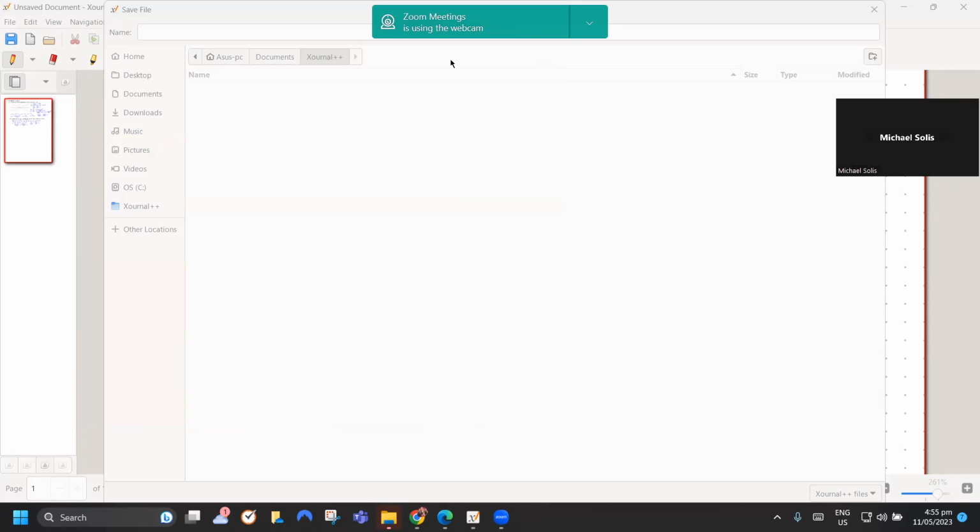Teka ha. Save as. Tapos no. Ano nangyayari?